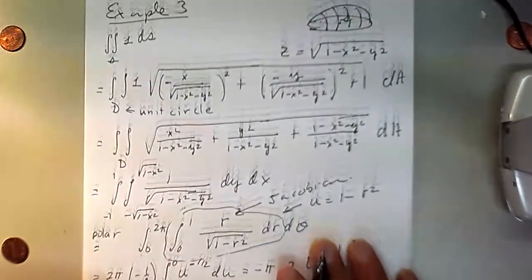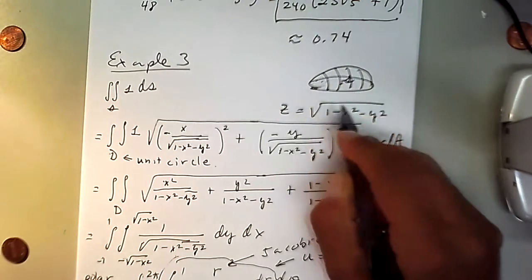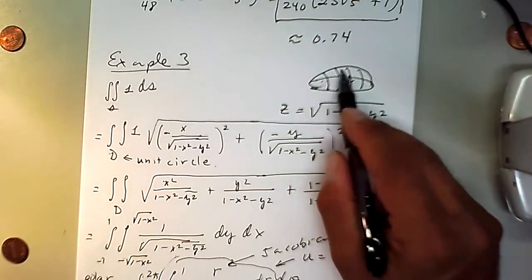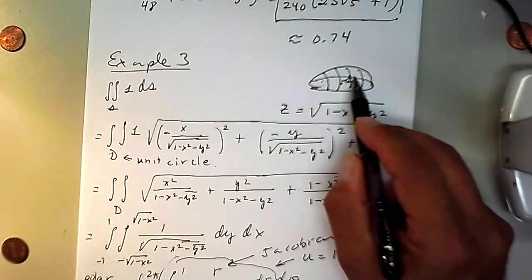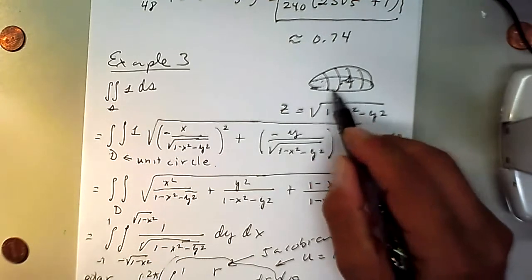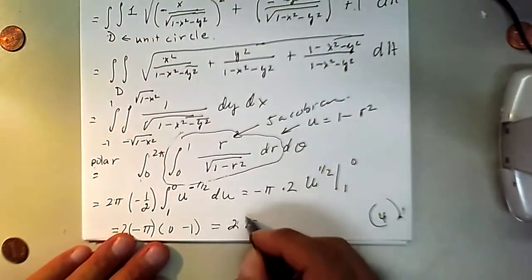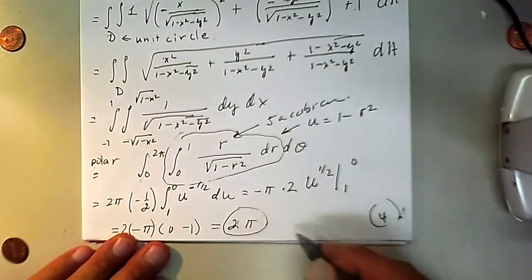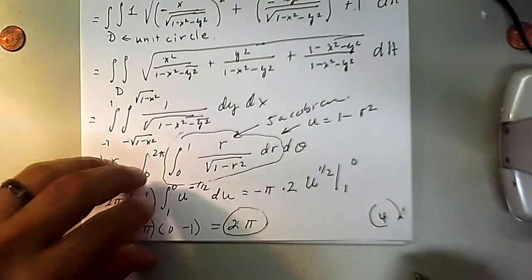The area of the unit semicircle is 2 pi. The area of a full, I didn't mean circle, I meant sphere. The semisphere is 2 pi. A full unit sphere, the area of the surface would be 4 pi. So yes, and if we didn't know that, now we know that. Now we know what it is and how to obtain that.